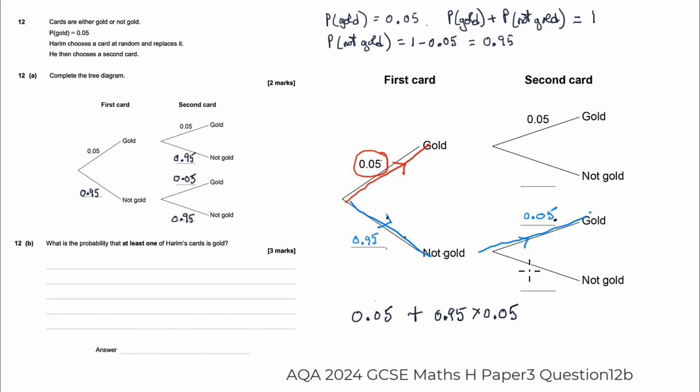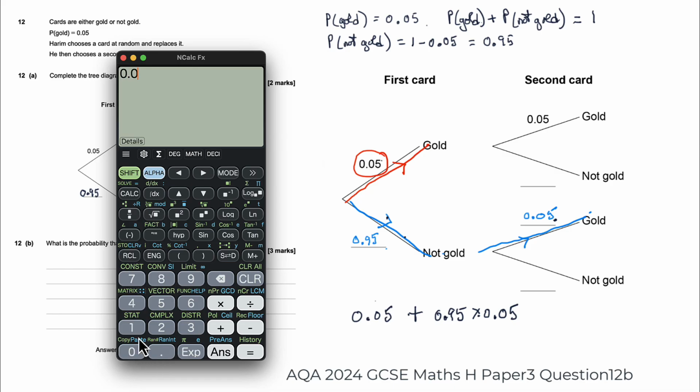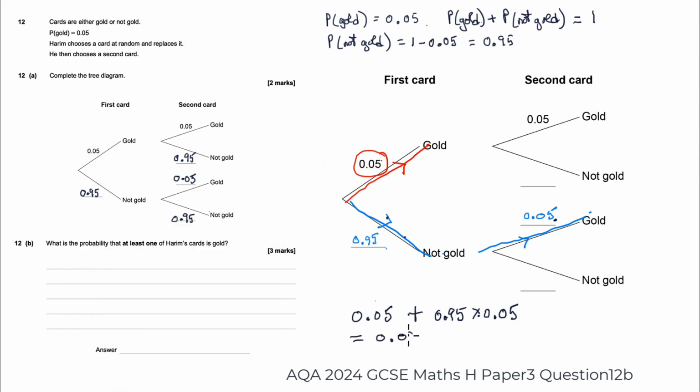On this second path, it's a multiplication because this is conditional on this happening. So there's the calculation that we need to do. 0.05 plus 0.95 times 0.05, and that gives me 0.0975. So that's the probability that he gets at least one gold card.